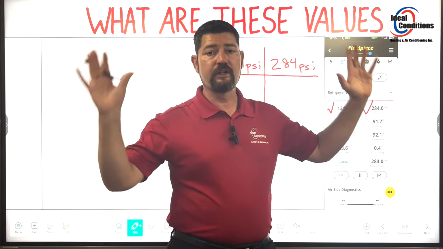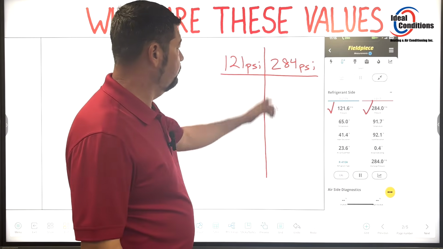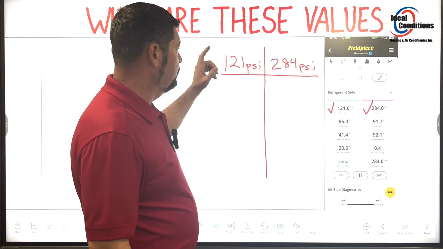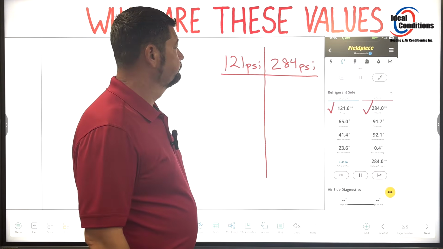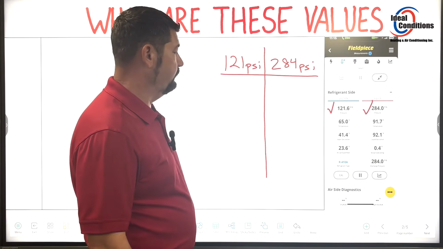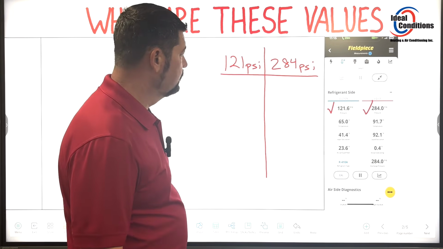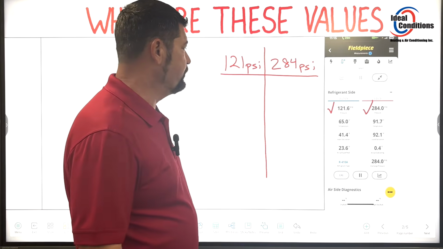My pumping ratio on my compressor is excellent. Yep, I can convert a low pressure to a high pressure. That's what that means. So if I'm only looking for that, that's not enough information.